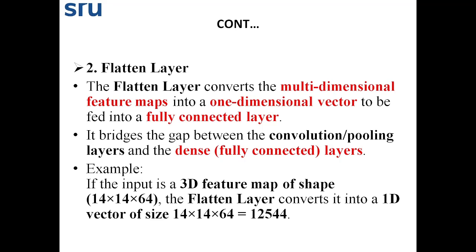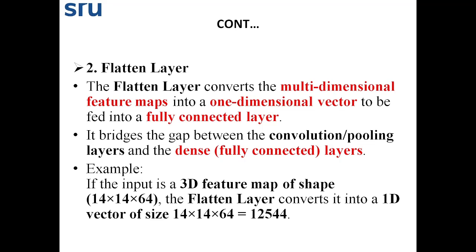But the image is in a multi-dimensional form. It means that it has length, breadth and height. Therefore, this multi-dimensional feature map should be converted into a one-dimensional vector. This process is performed by the flatten layer.